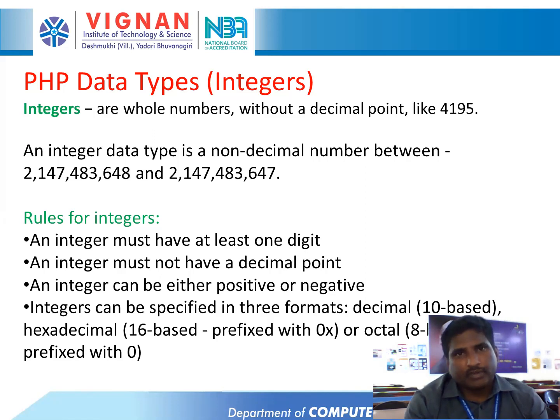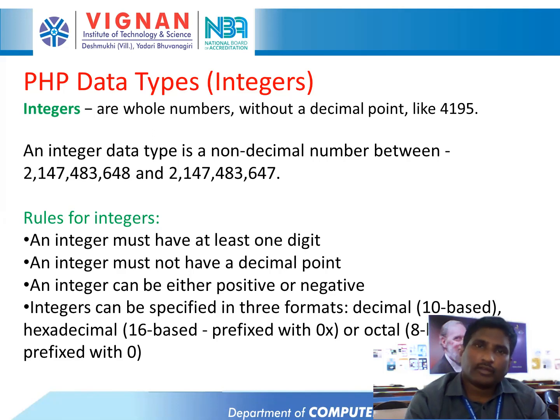Integers can be specified in three formats: decimal, hexadecimal, and octal. Decimal is radix 10, hexadecimal is radix 16, and octal is radix 8. If you want to assign a decimal value, simply write the number, any combination of 0 to 9.